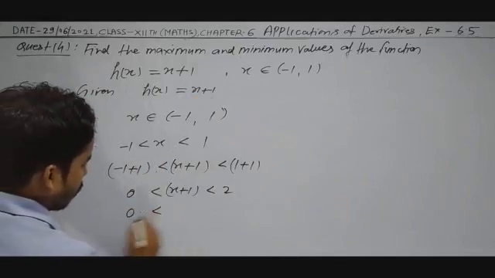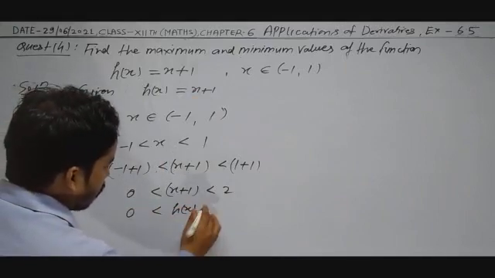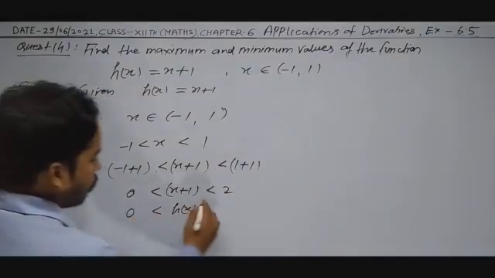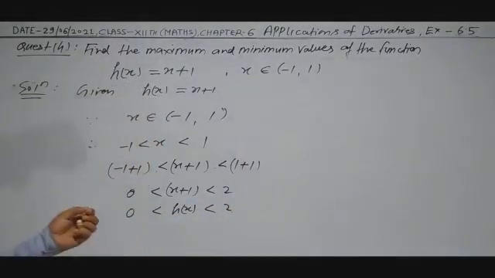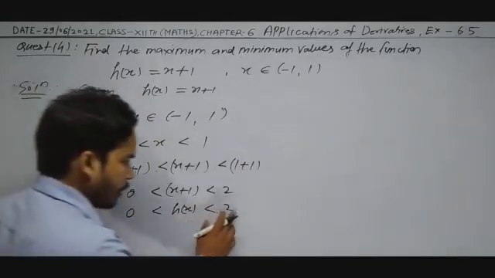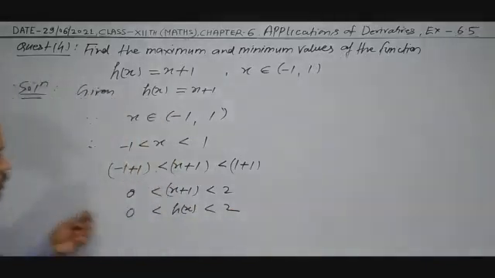and this is the value of h(x). So h(x) is greater than 0 and less than 2. The h(x) value is greater than 0 and less than 2. This shows h(x) has neither maximum nor minimum values.